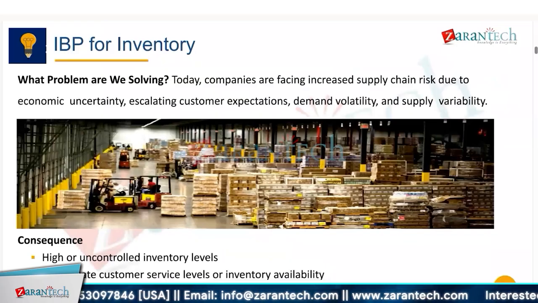Just to give an example, the best example is COVID, where all the countries were badly impacted, so the impact was equally distributed over a period of time. Another example is the war between Ukraine and Russia. This has also created some amount of disruption in the global supply chain, in the availability of materials, the availability of crude oil, and so on. There were a lot of issues and a lot of economic uncertainty impacting supply chain organizations.